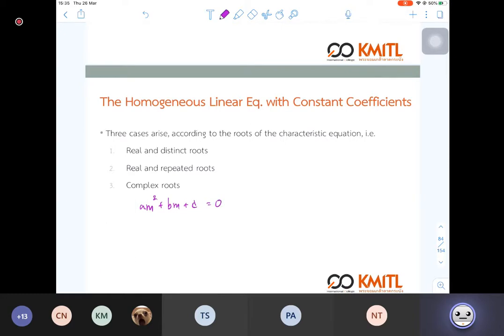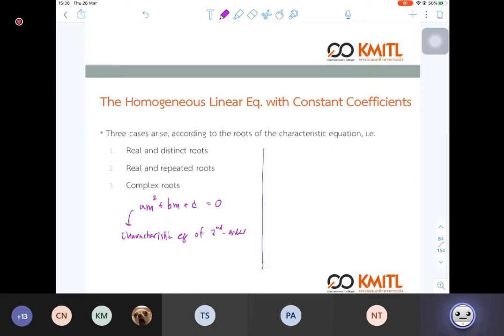This is the characteristic equation of the second order. Now it's said that you have 3 possibilities.